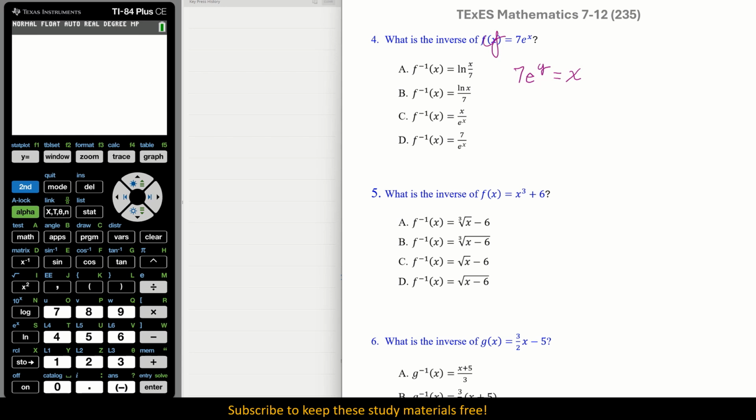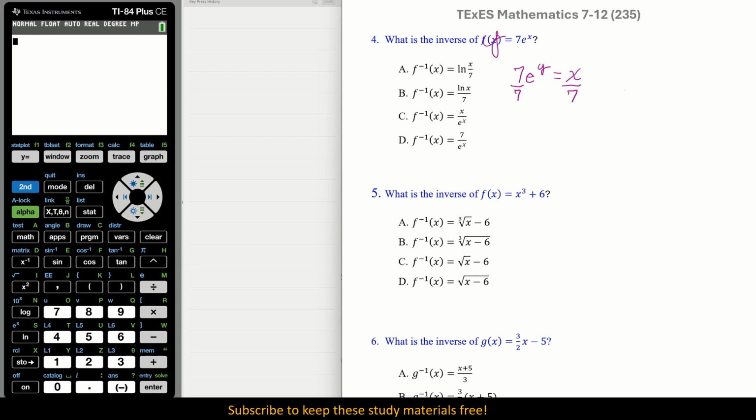If you have solved one of these before or worked in class, I'm going to just tell you right off that sometimes you're told to start out by applying the natural log to both sides first. No, I don't do that. I'm going to go ahead and divide both sides by 7.